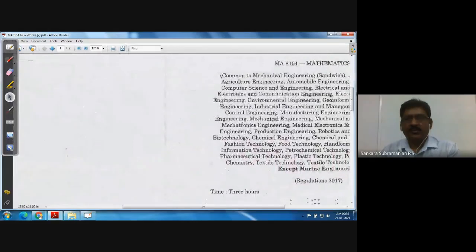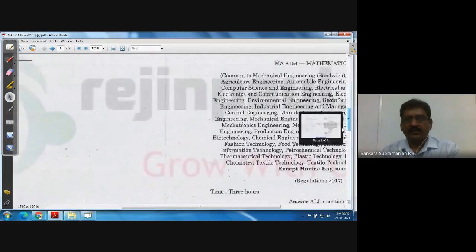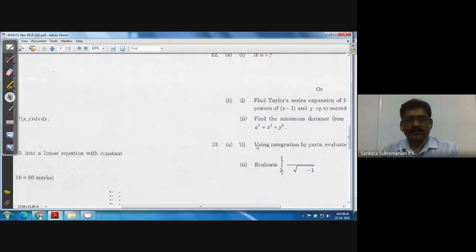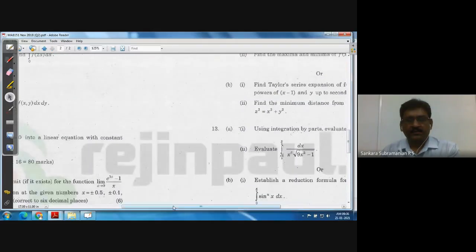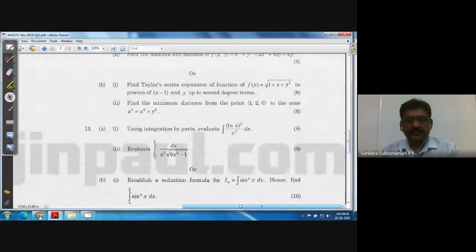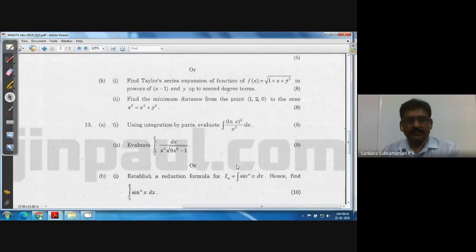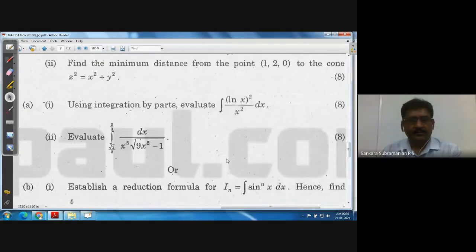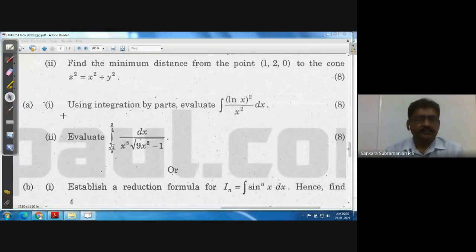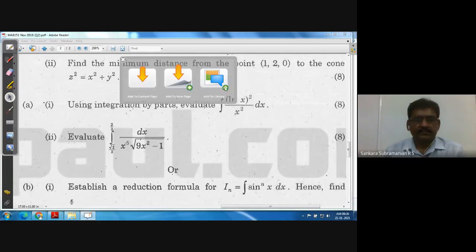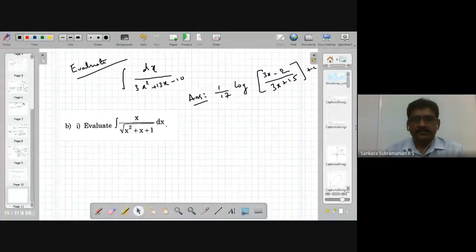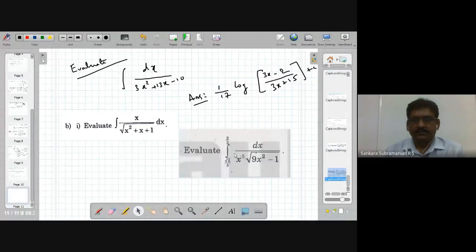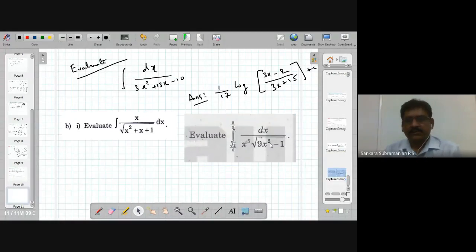Let's see the 13th problem. So this is dx by x to the power 5 root of, this is by the method of substitution you have to do it.